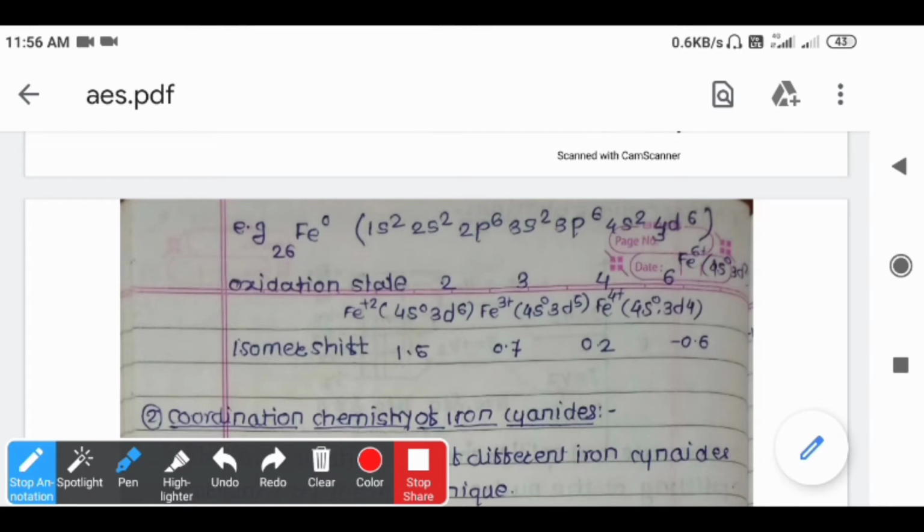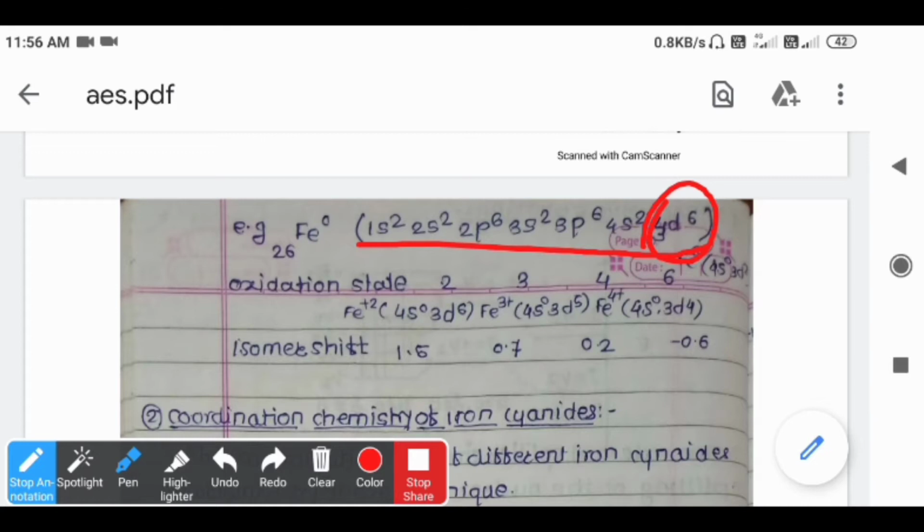Consider the iron atom, whose electronic configuration is 1s2 and so on up to 4s2 3d6. In the various oxidation states, that is +2, +3, +4 or +5, the d electrons decrease from 6, 5, 4 and so on down to 3.